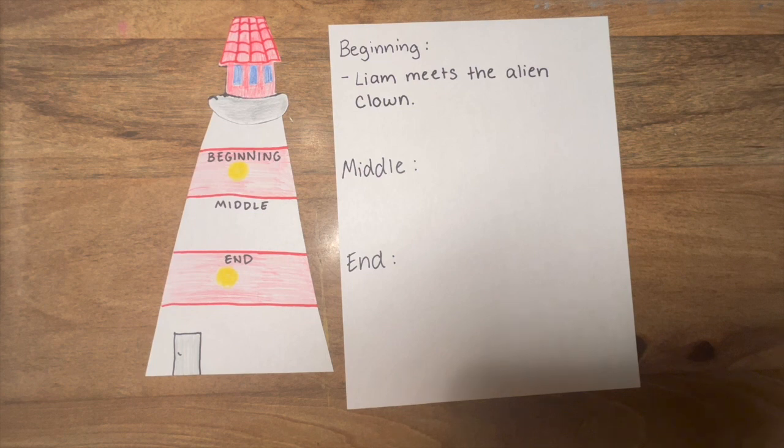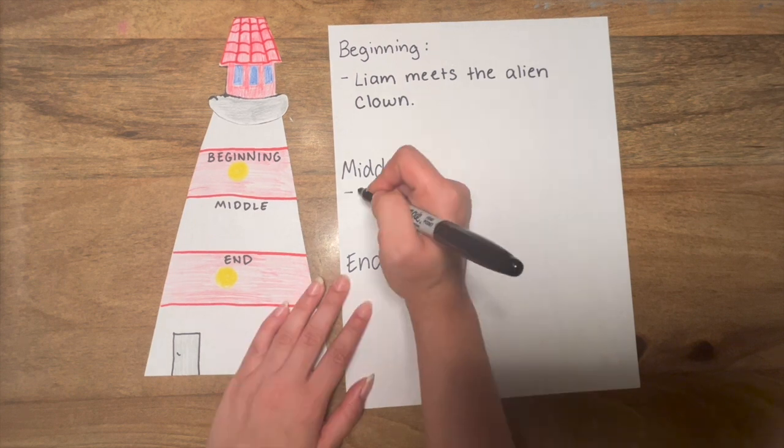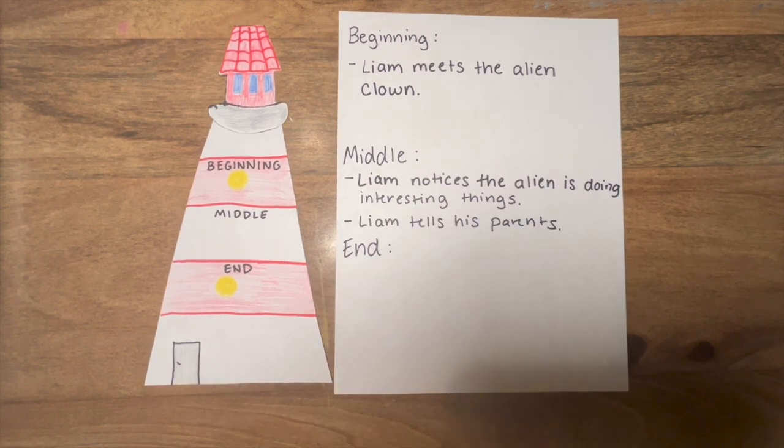Because of how interesting this alien clown is, he decides to go and tell his parents. So there's two different things happening here. The first thing is that Liam notices a lot of interesting traits about the clown, and the second is that he tells his parents. Great! Now we know the middle part of the story.